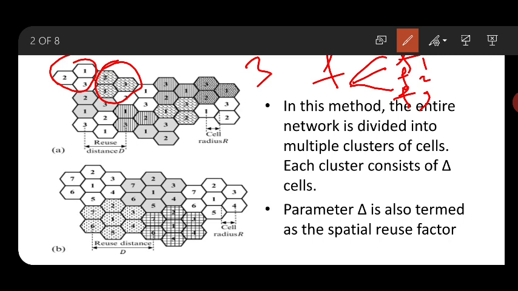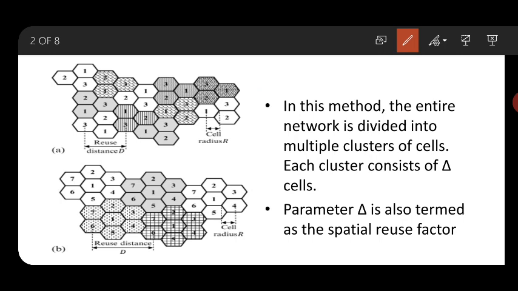Make sure that the adjacent cells are different. If I use f1 here, the adjacent cells have f3 and f2. A cell with 2 has to be apart from another 2. Now if this is my cell 2, the adjacent cells should not have 2, they should have 1 and 3.